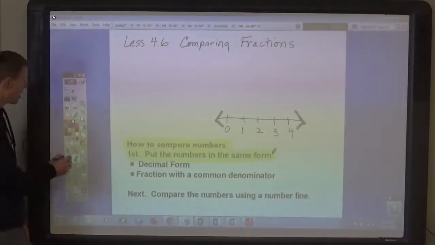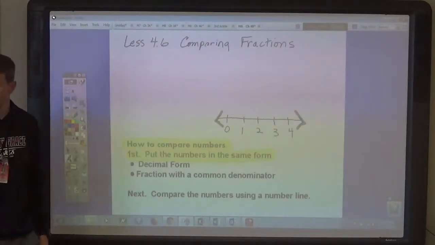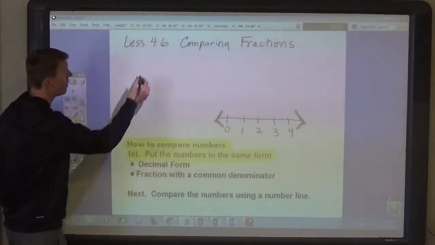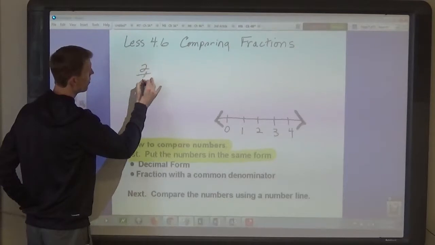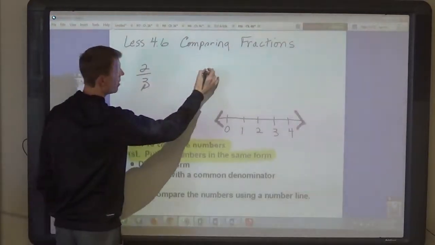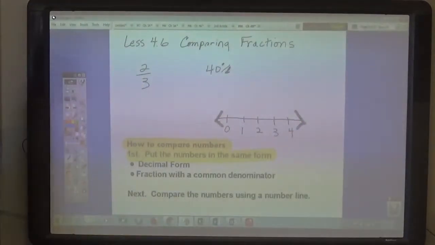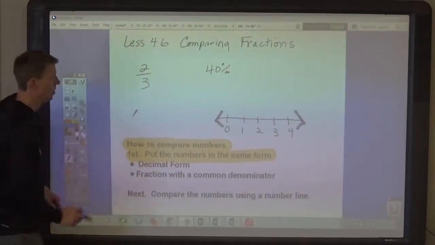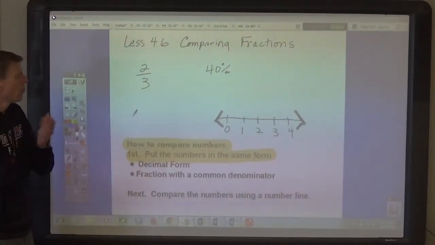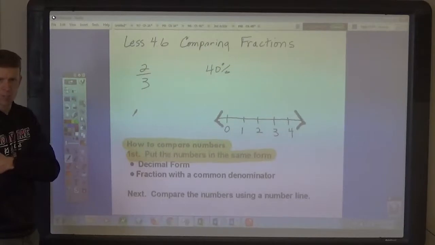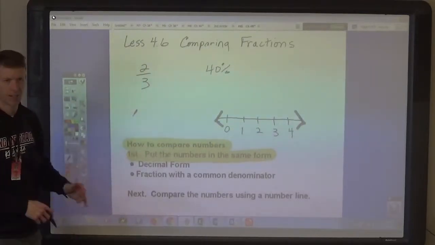In other words, if you have two numbers and one of them is 2/3 and the other one is 40%, how are you going to compare those? 2/3 and 40% are not in the same form. So you can't look at these numbers and see what we compare. One of them is a percent, one of them is a fraction.